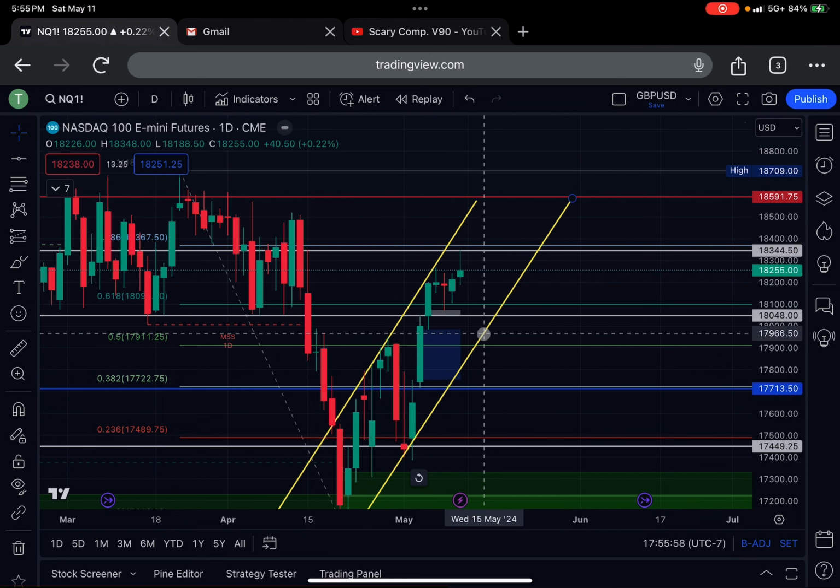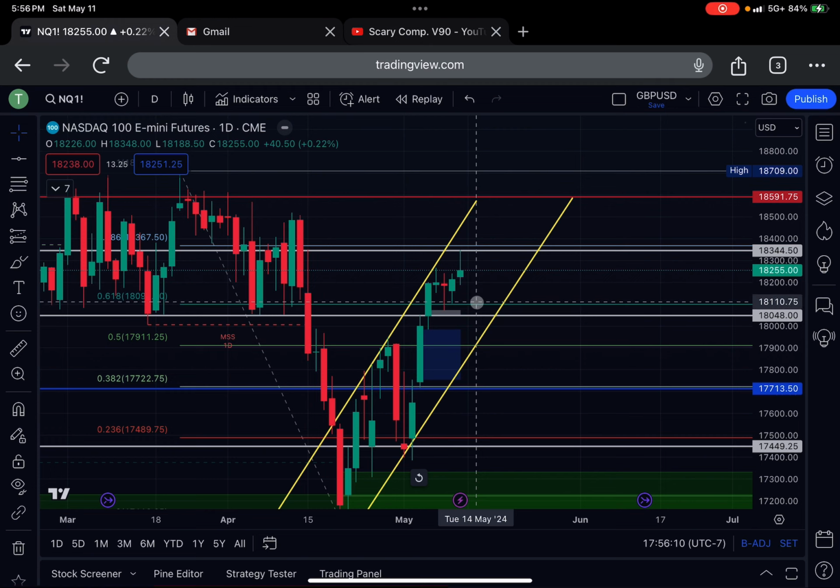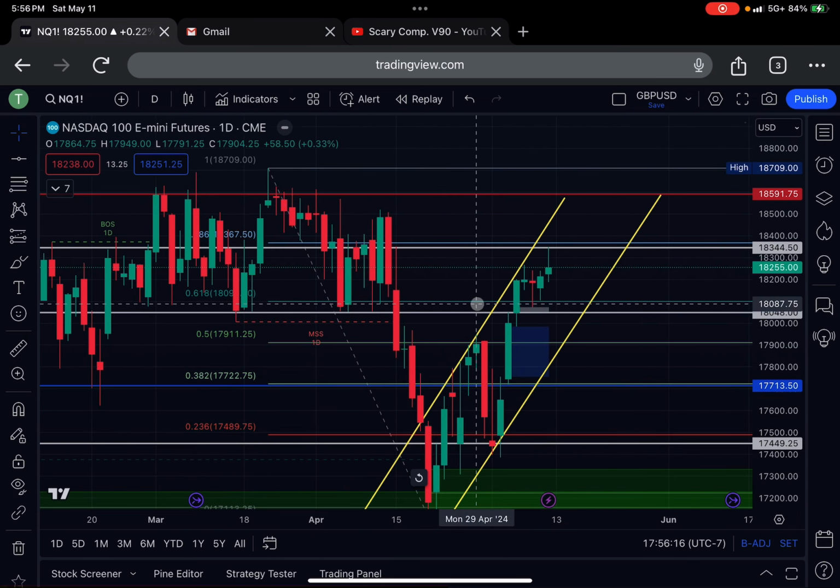And now I'm going to go to the 4 hour in a little bit, but before all that, I'm going to say that NQ is probably going to pull down, probably come back again to this area right here, to the fib level of 0.618.